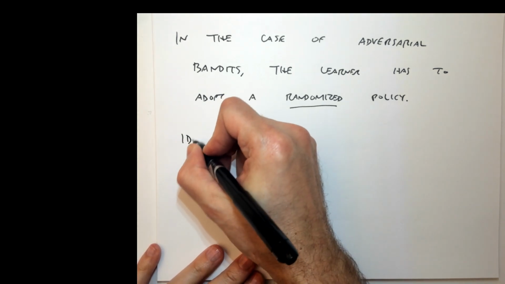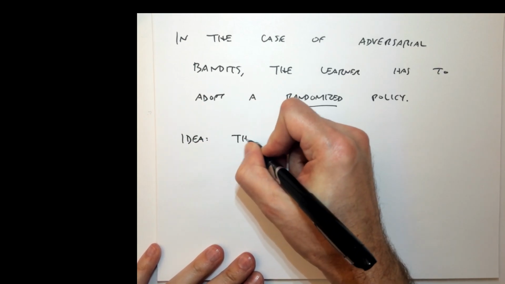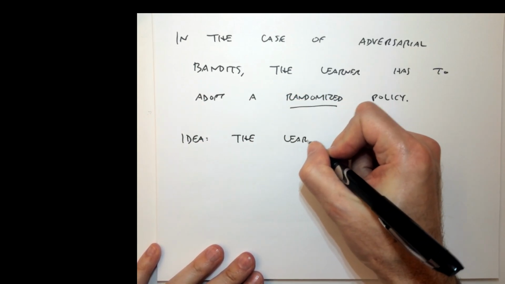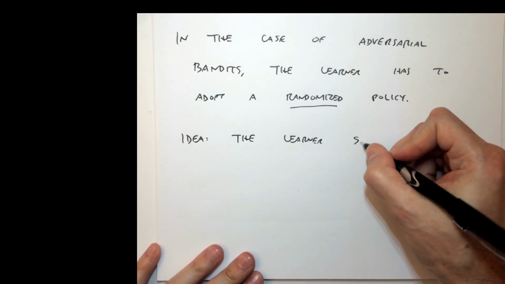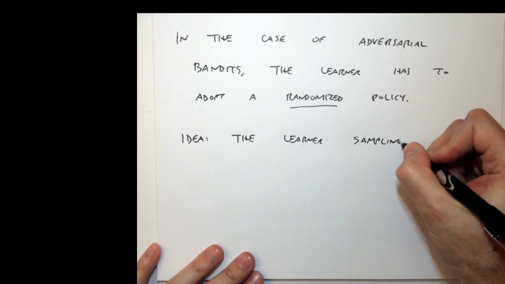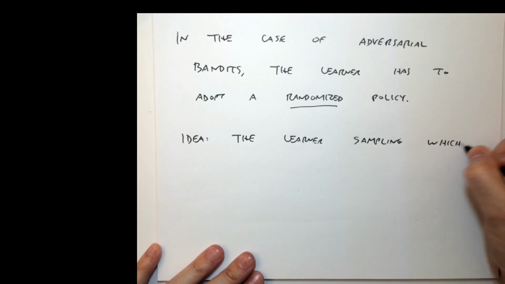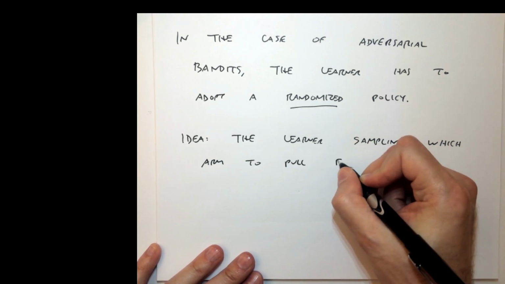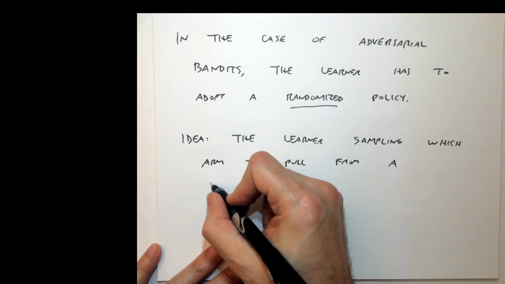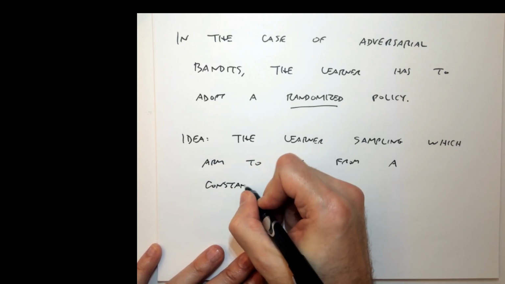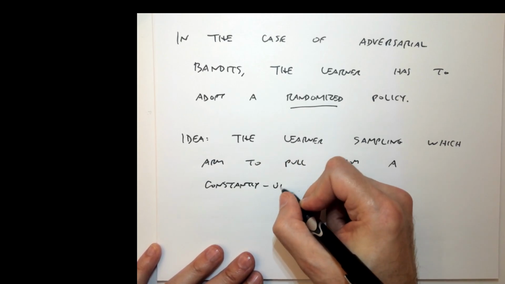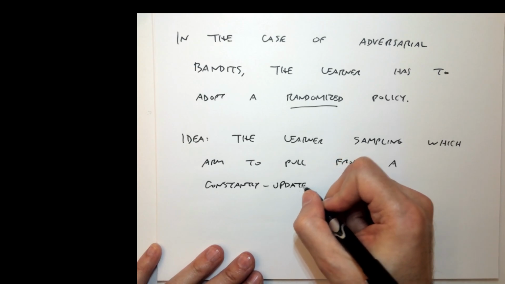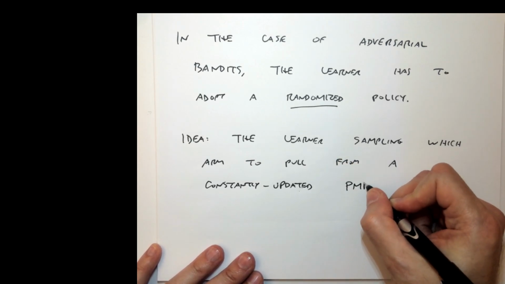So the idea is that the learner is sampling which arm to pull from a constantly updated probability mass function, right?